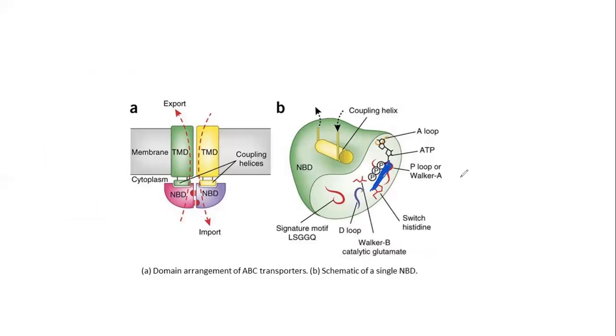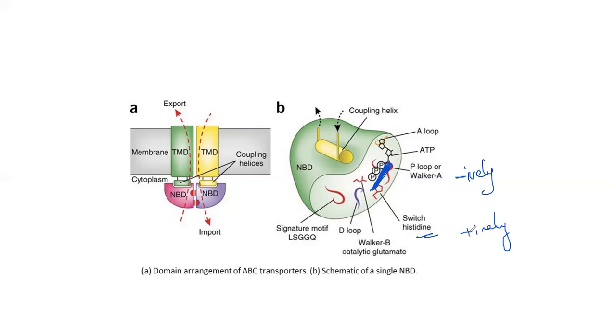Triphosphate of ATP, and phosphates are negatively charged. Histidine is positively charged. So these amino acids make interactions to ensure that ATP has bound to the NBD in the correct conformation. It was called switch, so I thought it might be something else.